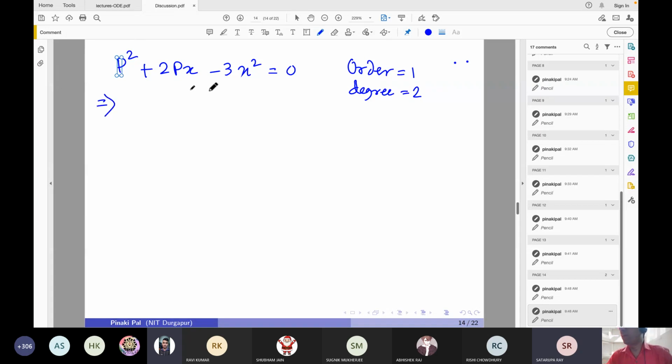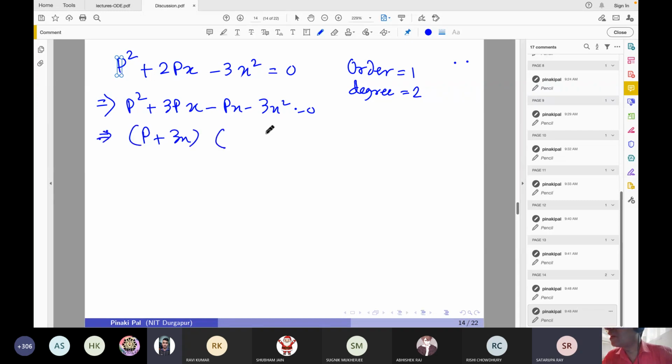Now let us see if we can factorize it. Splitting the middle term: p square plus 3px minus px minus 3x square equal to 0. This implies (p plus 3x)(p minus x) equal to 0. So therefore either p plus 3x equal to 0 or p minus x equal to 0.